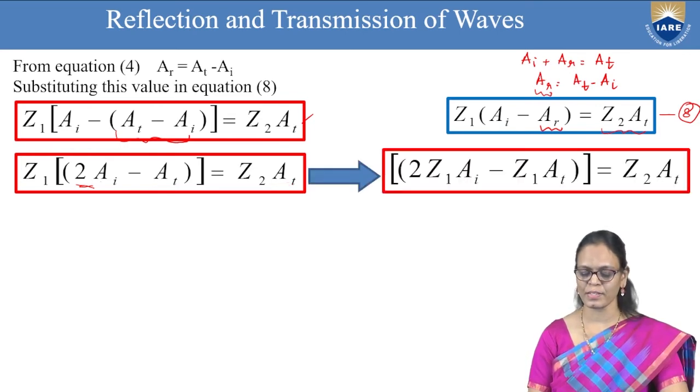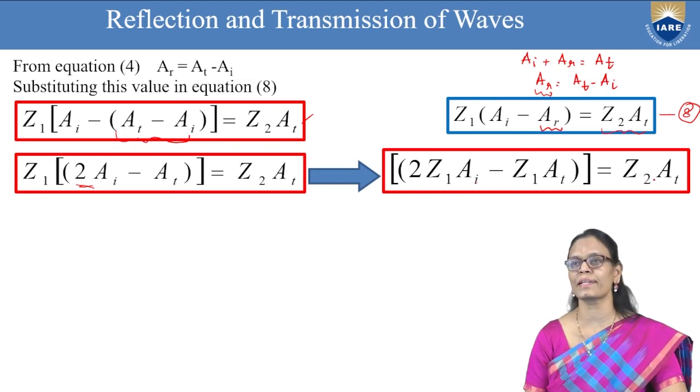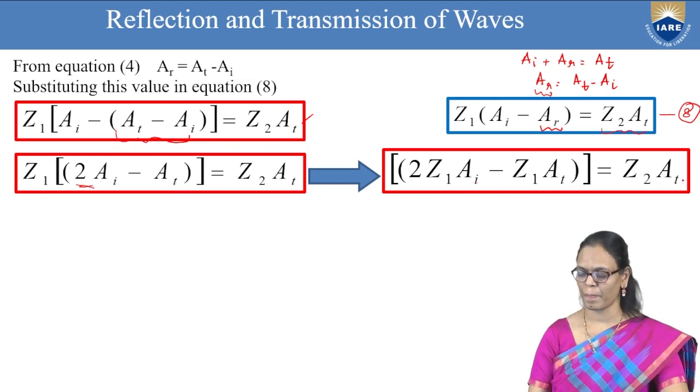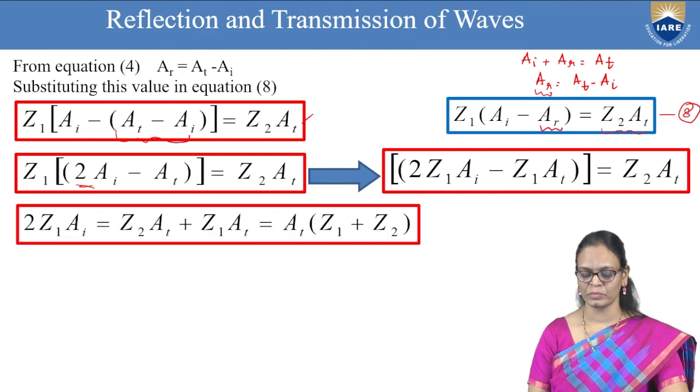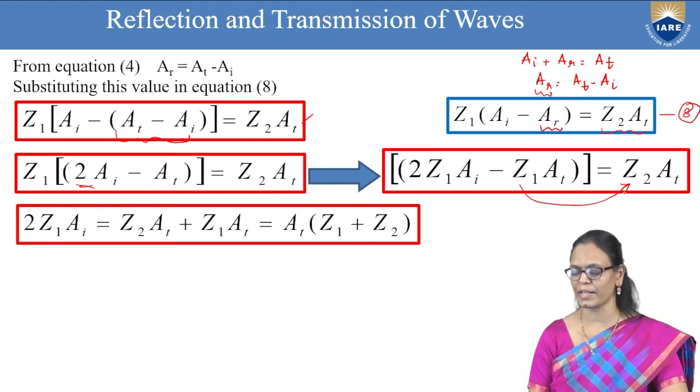So this implies 2Z1 AI. Here we are multiplying with Z1. 2Z1 AI minus Z1 AT will be equal to Z2 into AT. So we will be taking this transmission coefficient also onto the other side. 2Z1 AI is equal to Z2 AT plus Z1 AT. Because this, when it comes on to the right hand side, it will become plus Z1 AT.